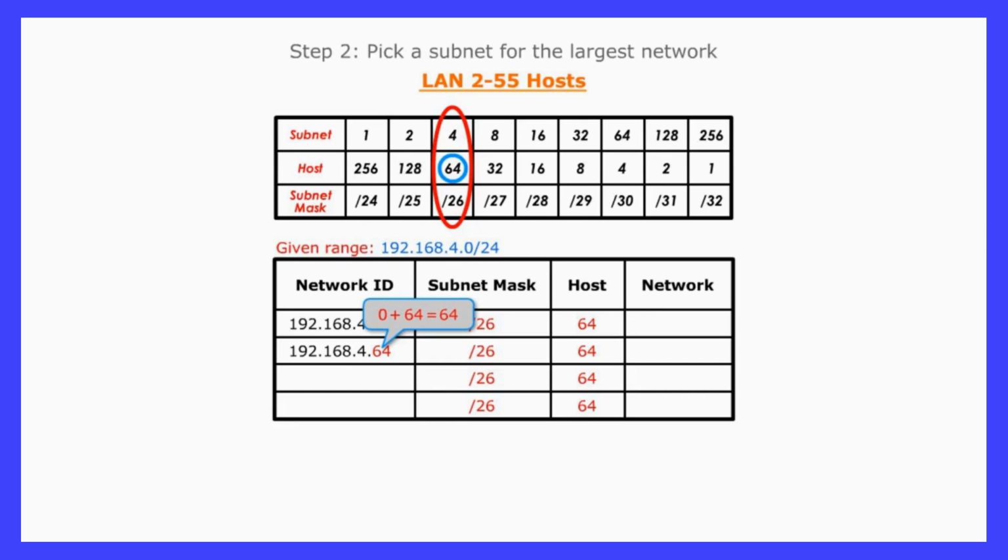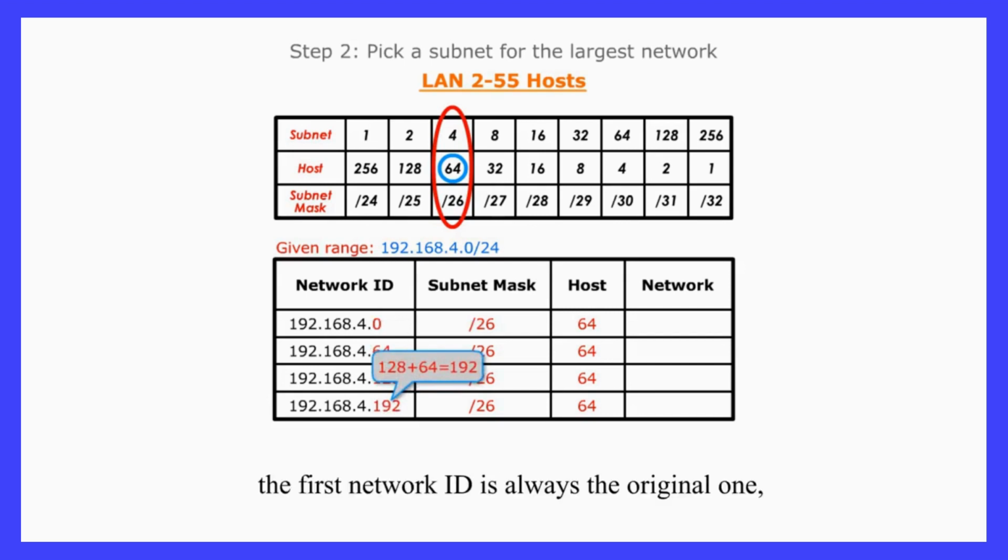Thus, we only focus on the fourth octet. The third network ID is .128. The fourth network ID is .192. Here is the pattern. The first network ID is always the original one. The next network ID is obtained by adding 64 to its previous one.